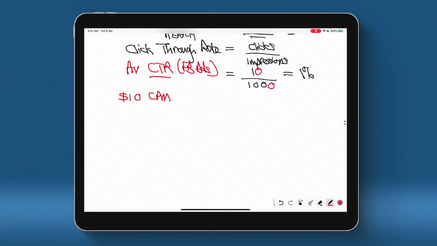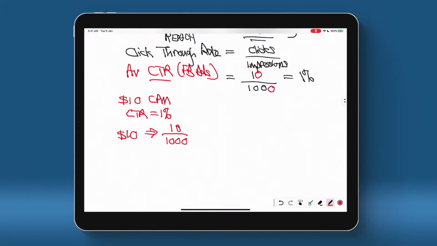Let's assume $10 CPM, and let's assume CTR equals 1% because we said average. So therefore, $10 will get you 1%, or 10 out of 1,000, because we determined that over here.